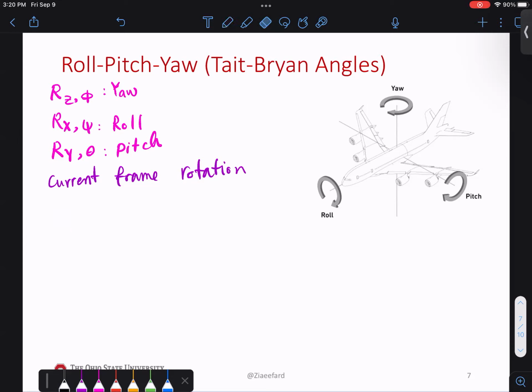We could have roll, pitch, yaw. We could also have yaw, pitch, roll. Now, roll, pitch, yaw is going to be in the current frame. Yaw, pitch, roll is going to be in our fixed frame.